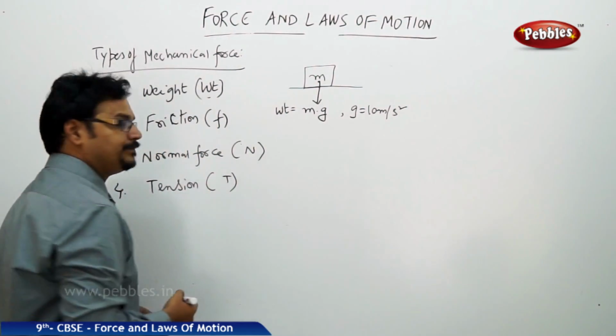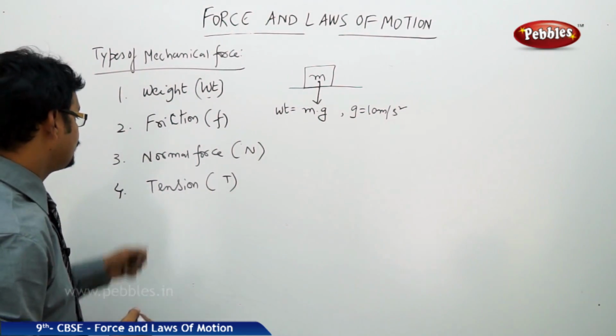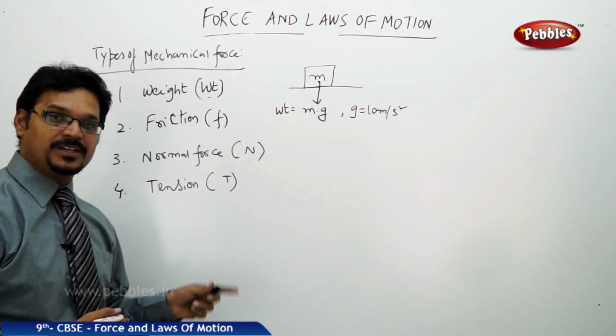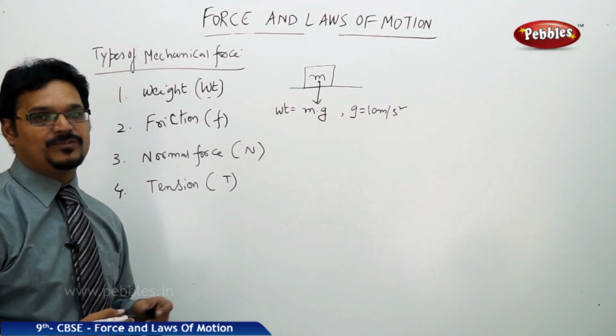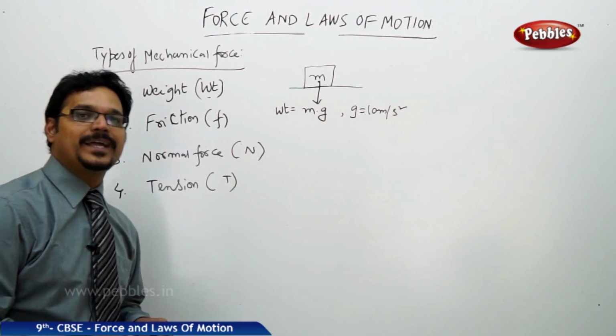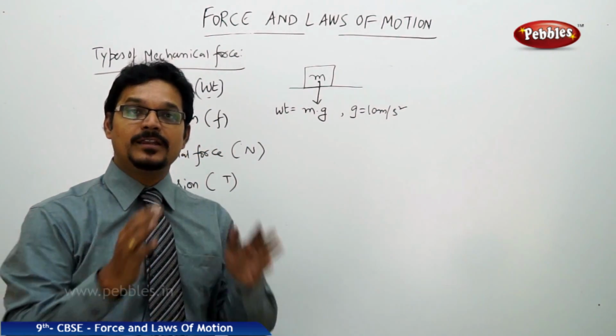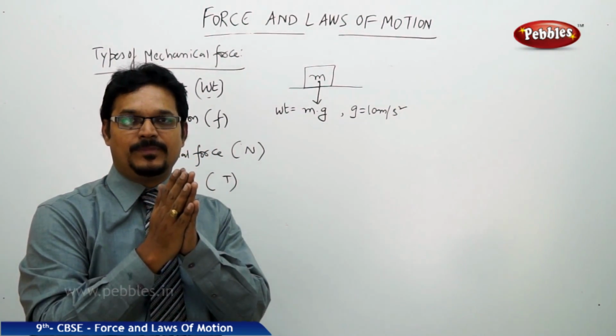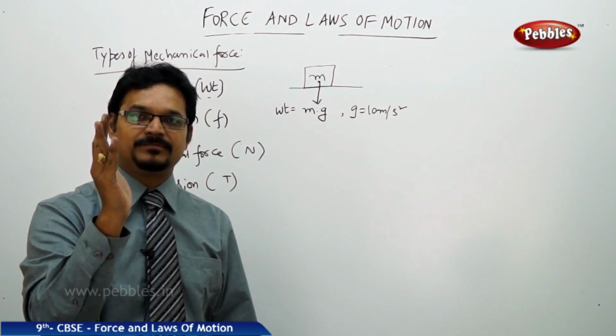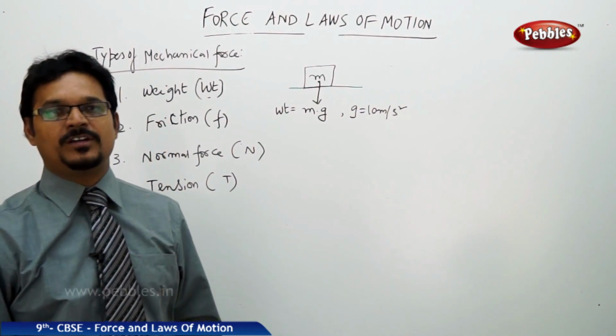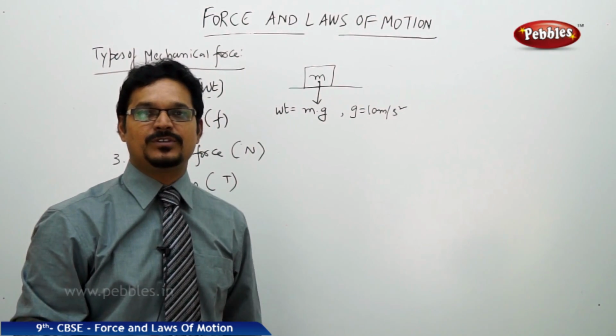Now second, friction. Third, normal. Friction, normal, both are called as contact forces. Why they are called contact forces? Because they only exist when two bodies are in contact. If you show only single body, you cannot show the friction or cannot experience the friction or normal force.